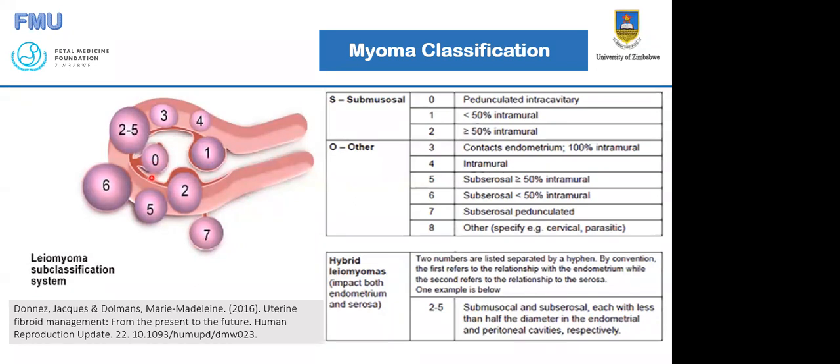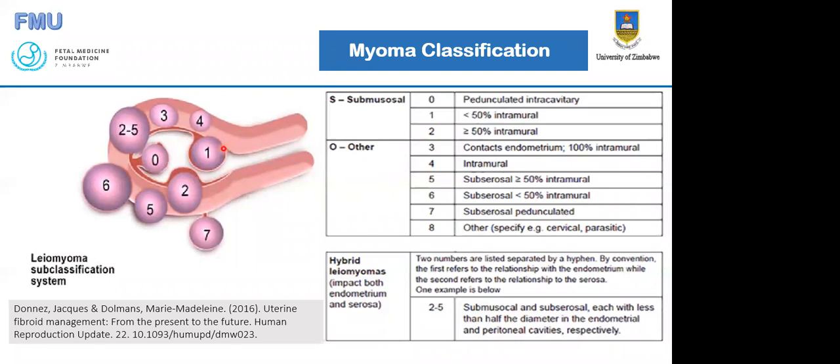The importance of doing this is that the approach to surgical removal of the fibroid is different. For this one, we're not going to open the abdomen to cut through the uterus and remove it, but it's going to be removed through the cervix. So being able to localize an intracavitary fibroid is very important because it will modify the surgical approach. And if there is a woman who is failing to conceive, we'll know why she's failing to conceive, because the fibroid is interfering with the endometrium.